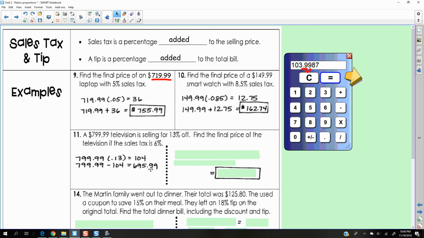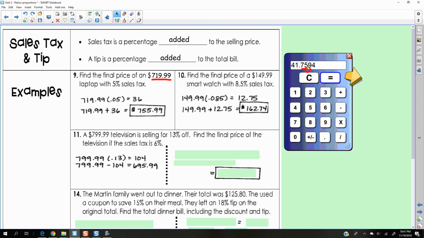$695.99. But now when you go buy it, you have a 6% tax. So now we take our $695.99 times 6%, move our decimal 2 places, so it is 0.06, and we get the tax of $41.75.